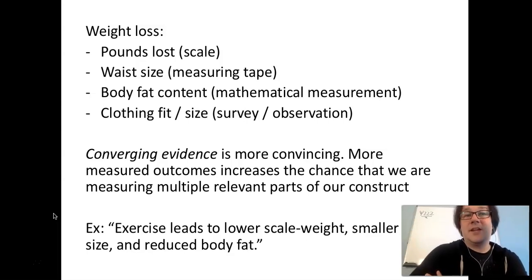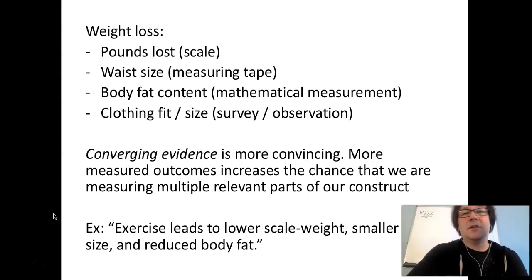The body fat content might not account for changes or redistribution of fat in the body. If somebody wanted to add some heft to their backside, let's say, but wanted to slim down on the waist, that might not be picked up here, right? The body fat content would likely stay the same.